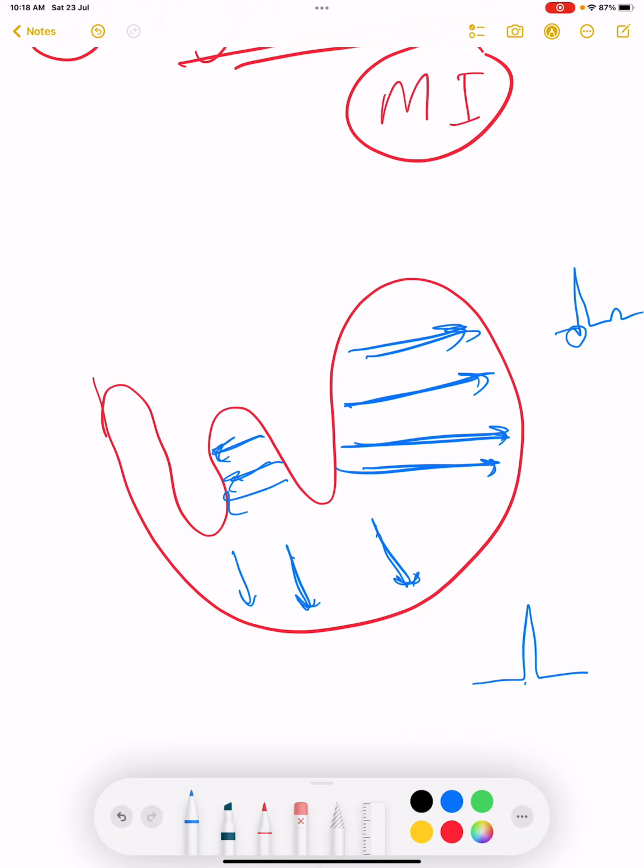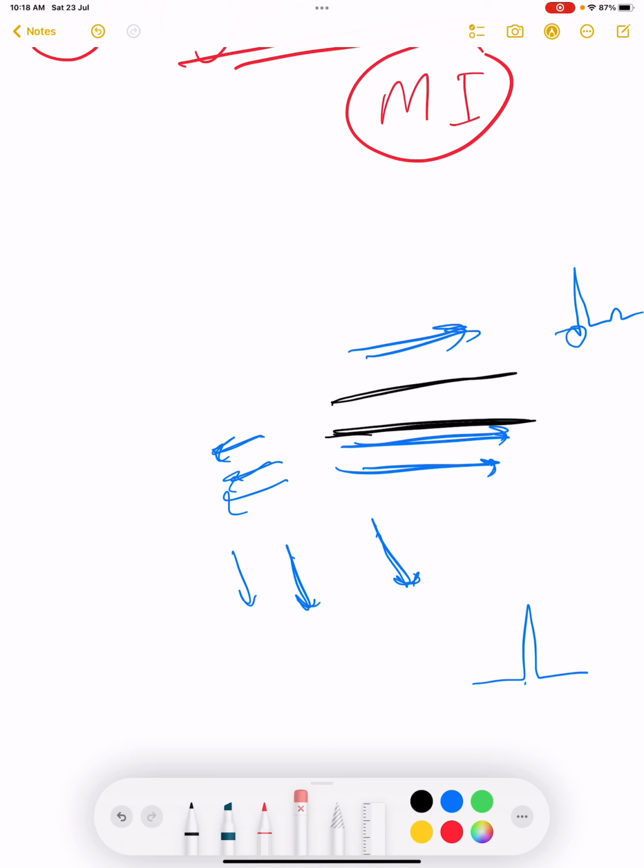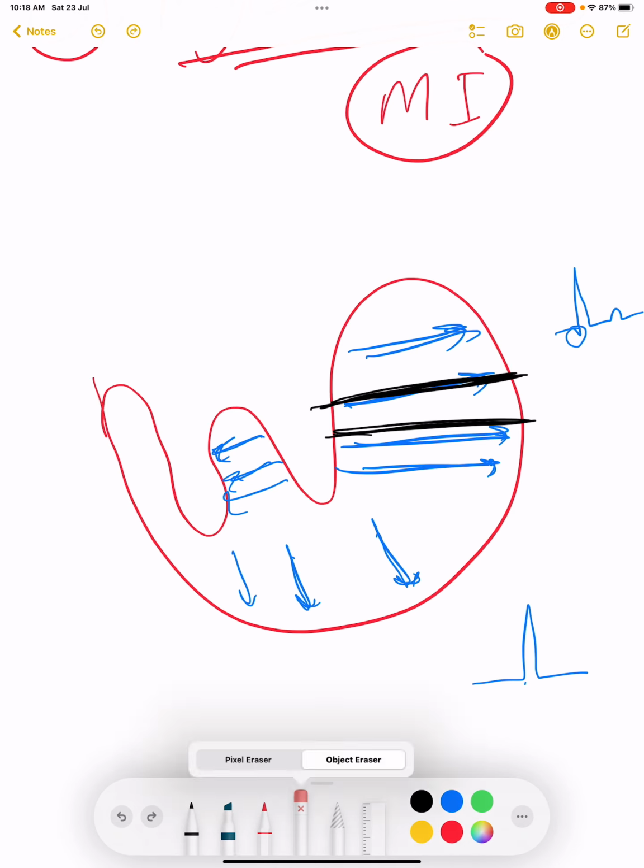But what happened in myocardial infarction? In myocardial infarction, we lose some part of myocardium. For example, if we lose this part of the heart, then if I see the heart from this side, I will not see any opposing QRS, any opposing depolarization.